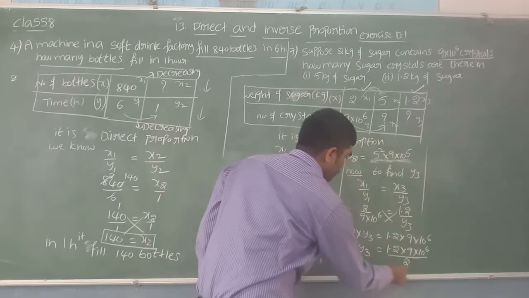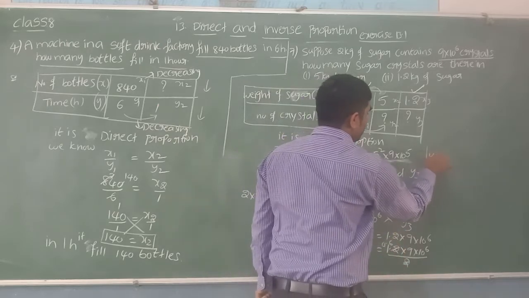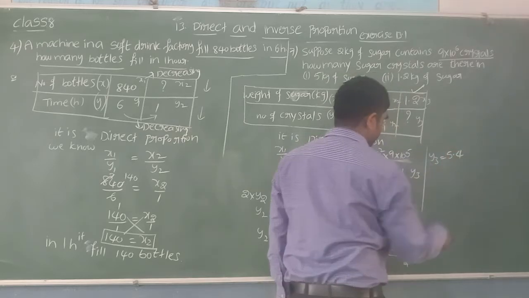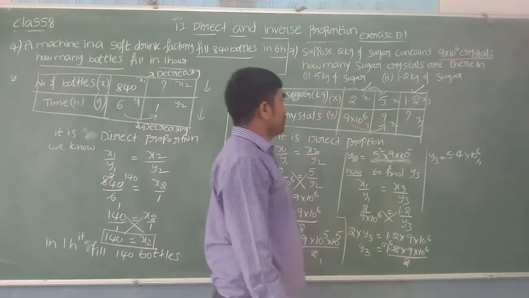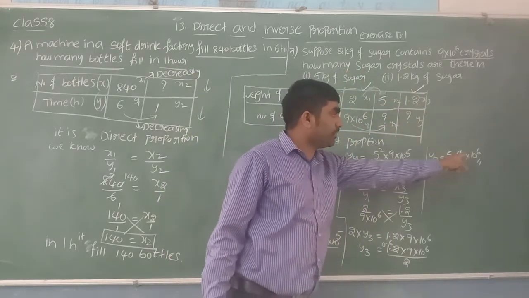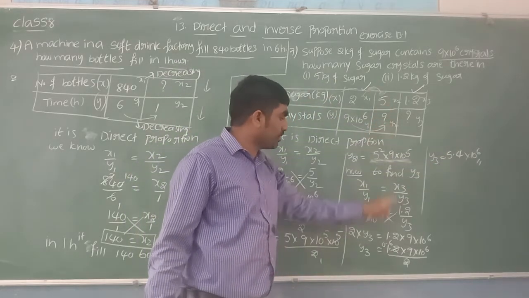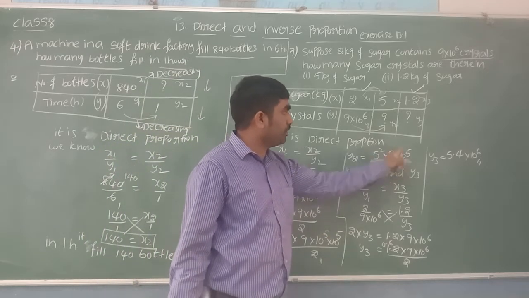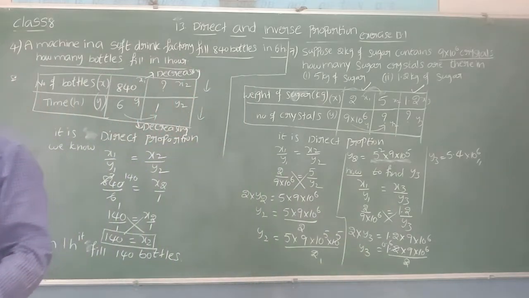Now 2 1s are 2, 2 6s are 12, so y3 is equal to 0.6 into 9, that is 5.4 into 10 power 6. So when the sugar quantity is 1.2 kg, the number of crystals is 5.4 into 10 power 6. When the sugar quantity is 5 kg, the number of crystals, the y2 value, is 5 power 2 into 9 into 10 power 5. That is the way you can find the unknown values.